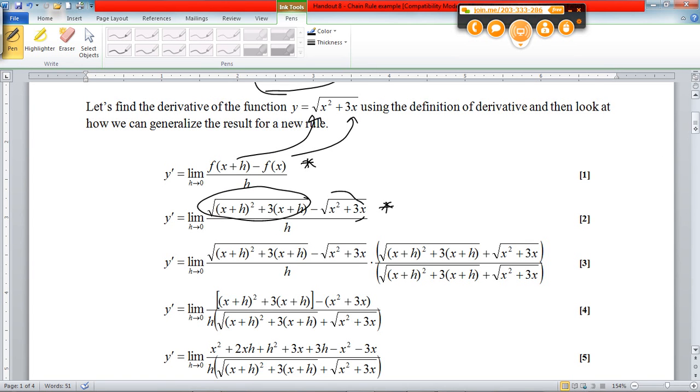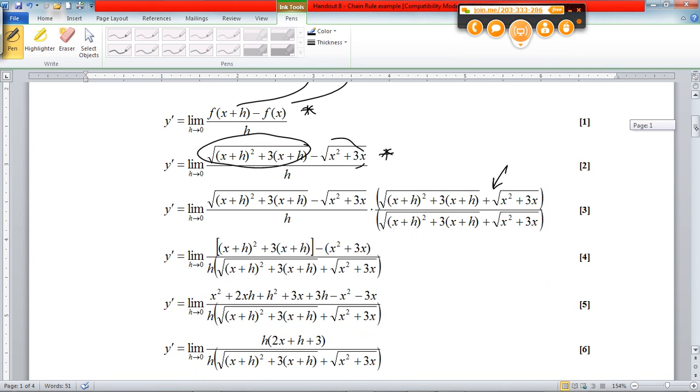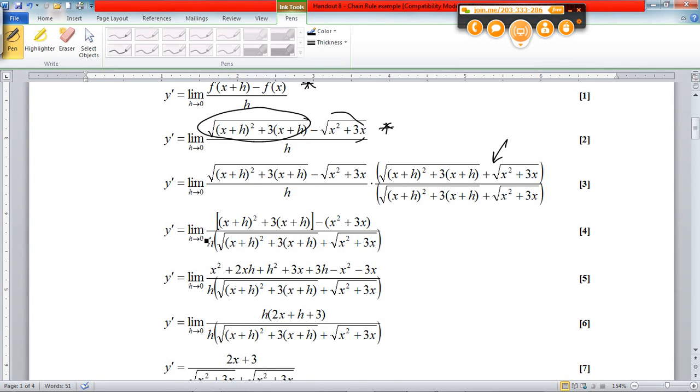Over h. Okay, well, how do I do that limit? Well, it's a square root minus a square root. Do the conjugate, right? Which is what I do right here. Multiply by the conjugate. Square root plus square root, top and bottom. All right? What happens when I multiply the top? This times this. What happens?